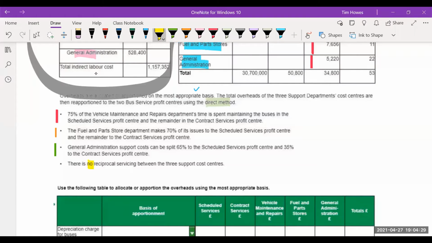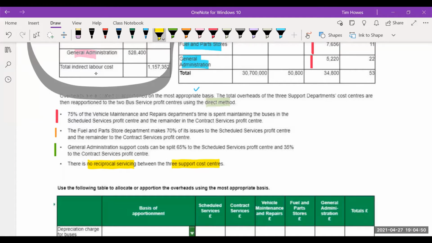There is no reciprocal servicing between the 3 support cost centres. So what that means is general admin doesn't do anything for the fuel and parts store or the maintenance and repairs. It means the maintenance and repair department doesn't do anything for the parts store or the general admin people.